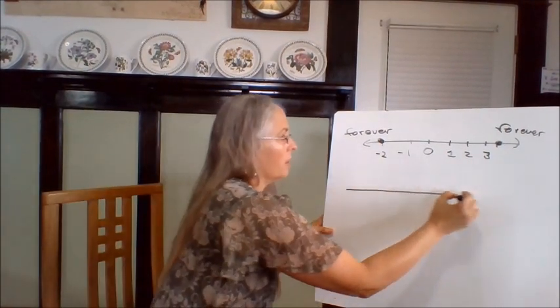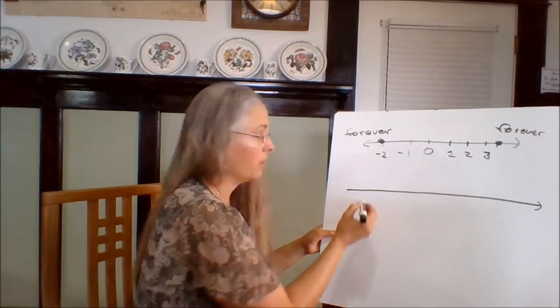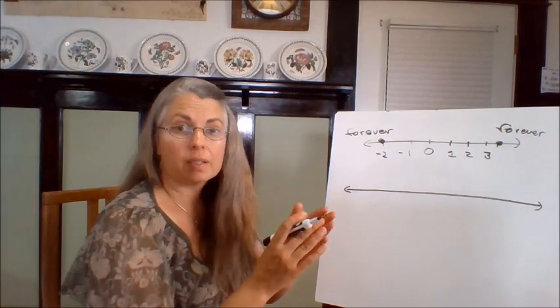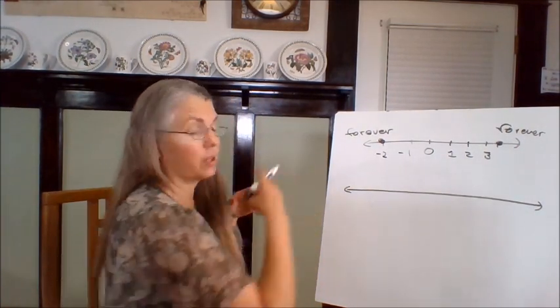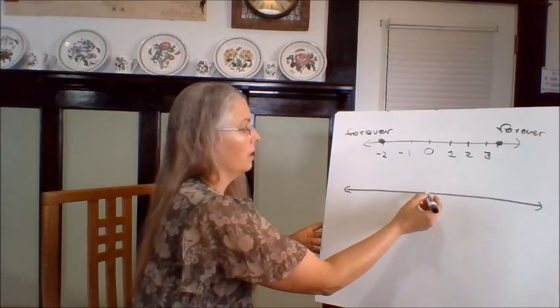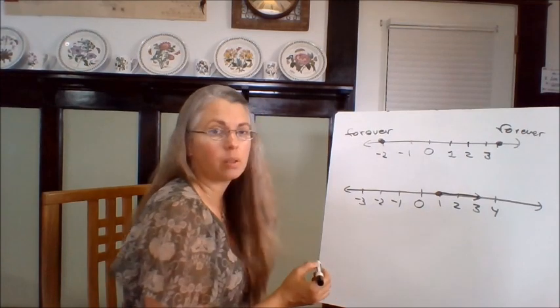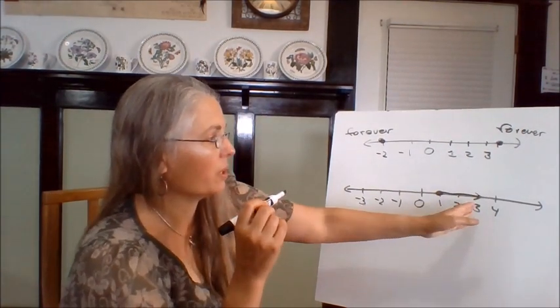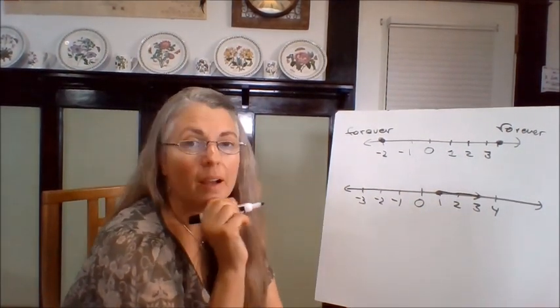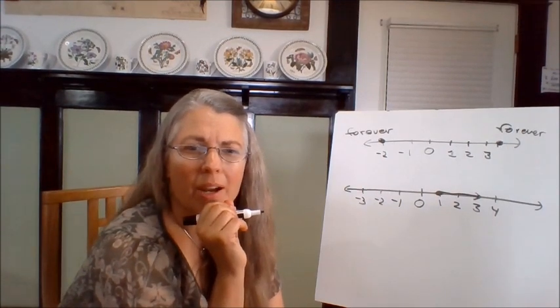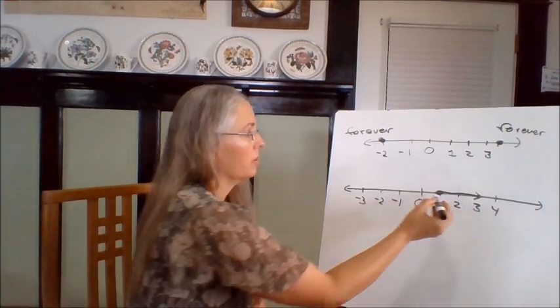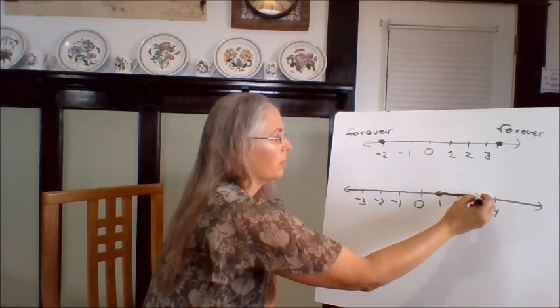Another way to think about a number is an arrow on a number line. The number line itself is an arrow that goes on forever to the right, forever to the left. So look at this arrow right here. It goes from +1 to +3. What number do you think that arrow represents?